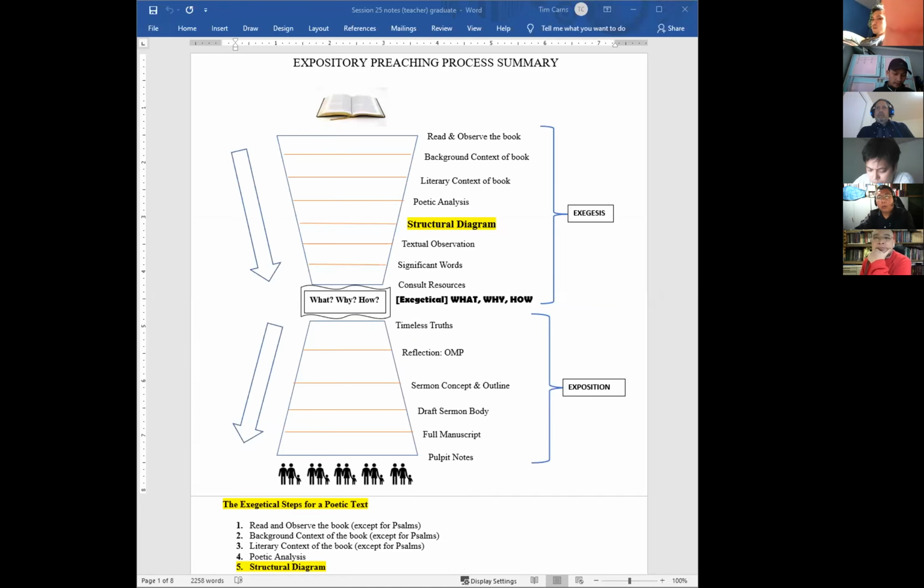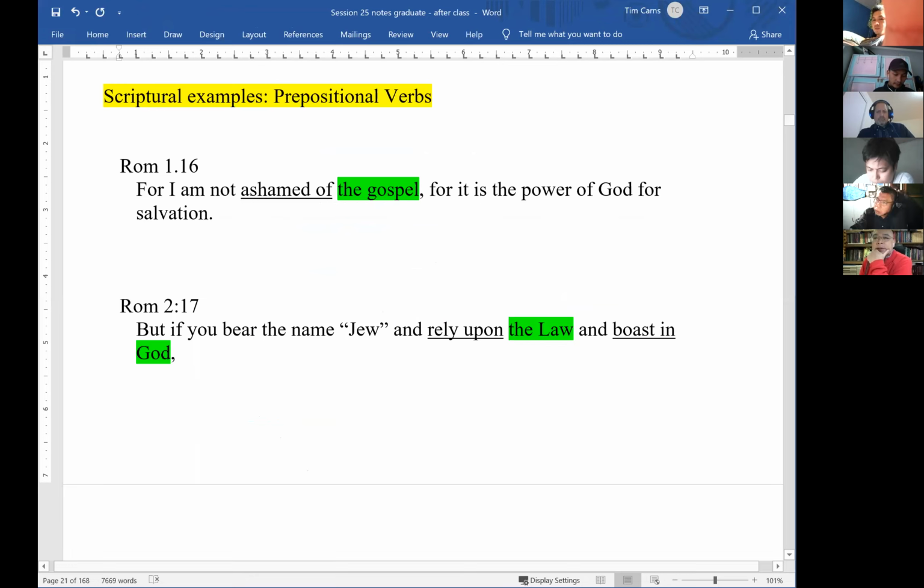Tim, yeah. May I ask a question? My initial test to find a prepositional verb is to ask it in question form. It's wrong to ask what do you rely. You have to ask what do you rely upon, or what do you boast in. You don't say what do you boast.